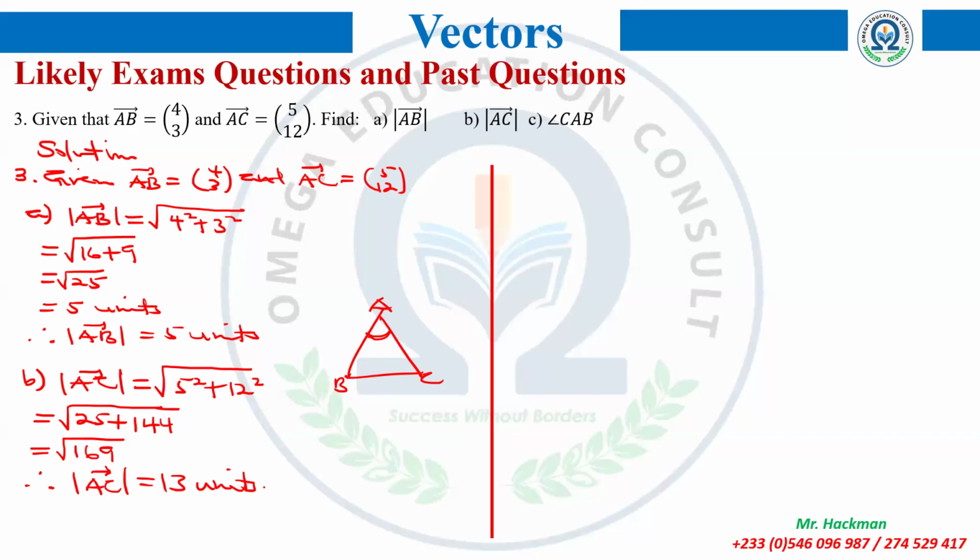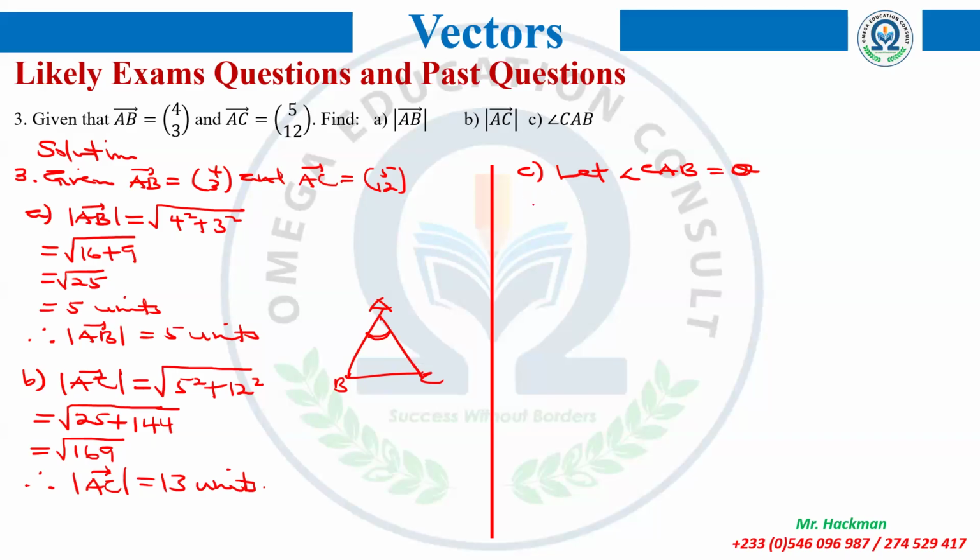Yes, please. The figure is not mentioned, so here I'm good to go. I'm looking at C. I will let my angle CAB be equal to theta, because when you are finding an angle with the dot product, remember, we need theta.